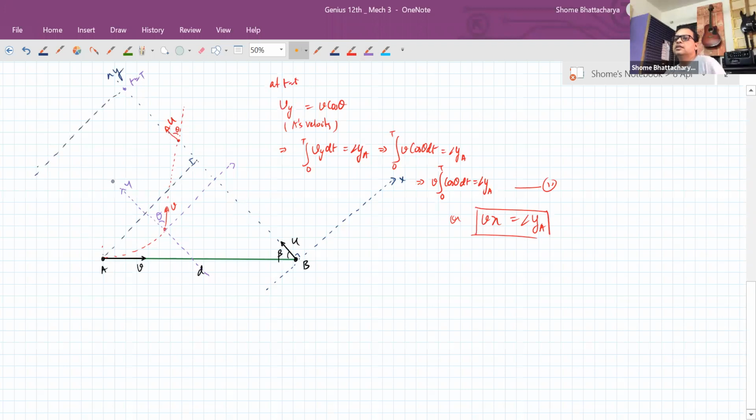This is the total displacement of A. So the y component of that displacement is this one, delta y. And in that same time, how much has B traveled? B has traveled this total distance. This is delta y of B. This is actually the displacement of B only, which is u into t.